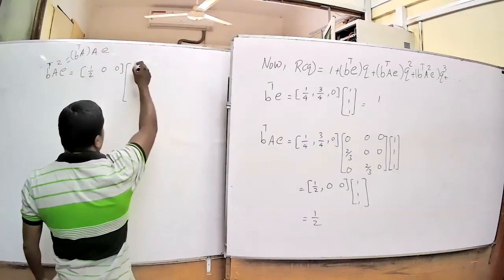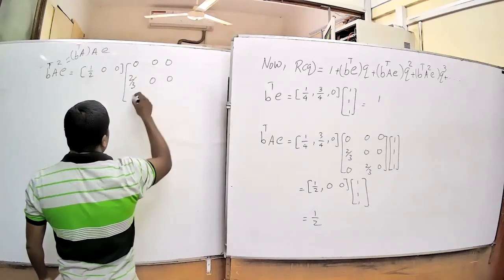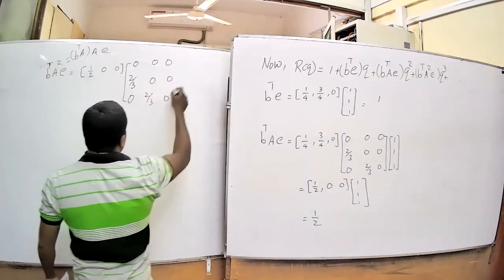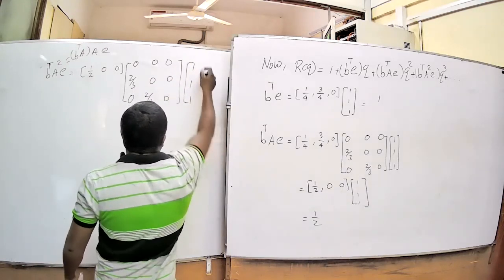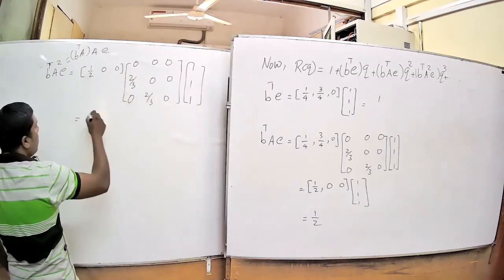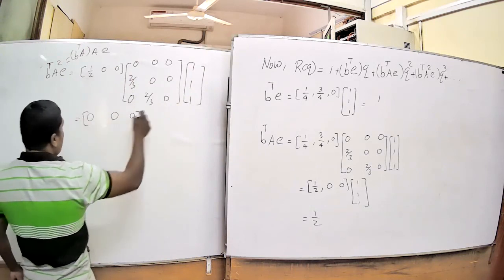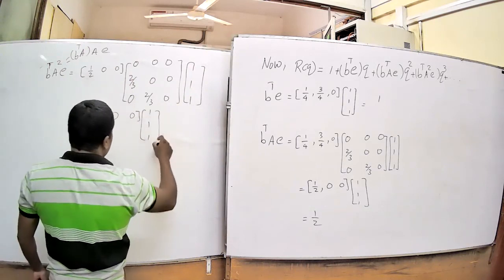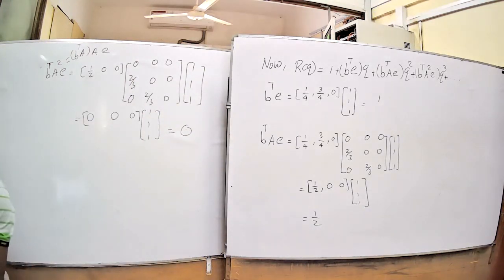And then A is 0 0 0, 2/3 0 0, 0 2/3 0, and then 1, 1, 1. So this into this is 0, this into that is 0, this into that is 0, times 1, 1, 1. So this is going to be 0.